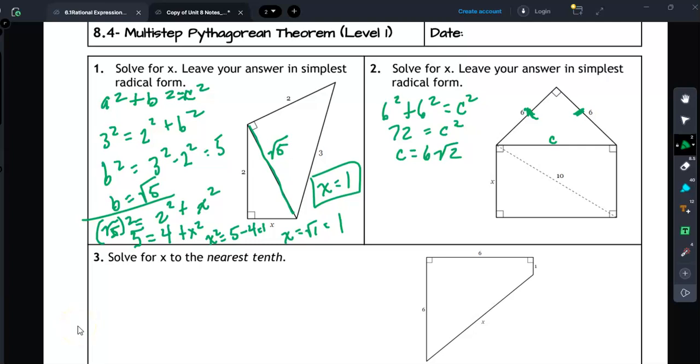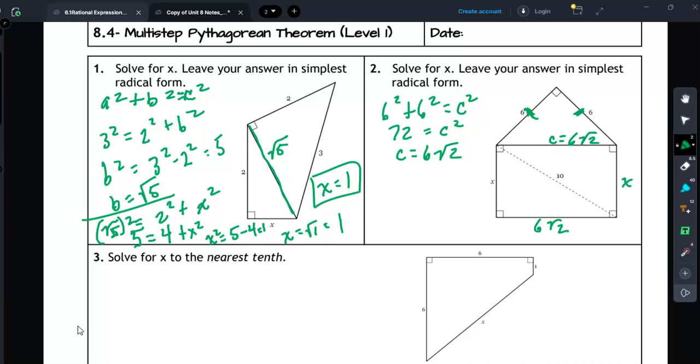Okay, so if we know this is what C equals, and we want to find X, do you guys think that this is a rectangle, right? And this is the diagonal of that. If this is a rectangle, this is also X, right? So this should also be 6 square roots of 2, because these are similar triangles. So finding X, you can go ahead and say that's a leg.